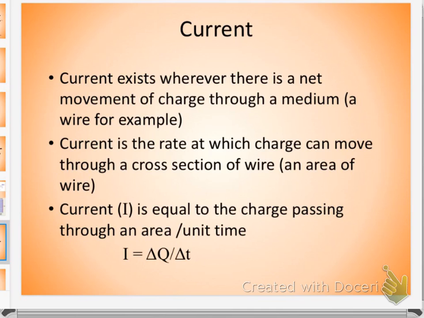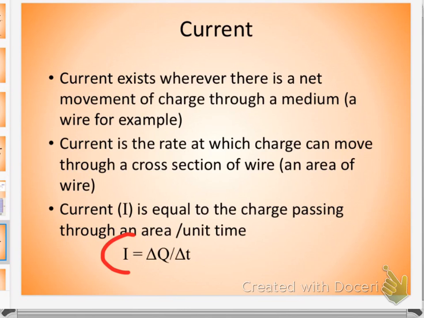Okay, so this brings us to current. Current is what you get when you have a net movement of charge. When charges are moving through some medium, like a wire or air or water or anything else, an entire circuit. And current is the rate at which charge moves through an area of wire, some given area.